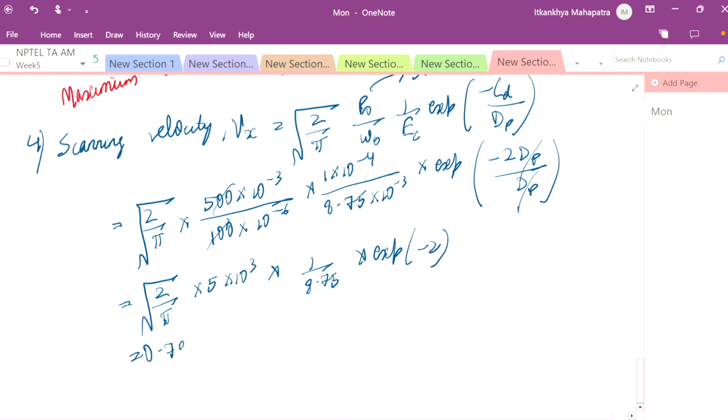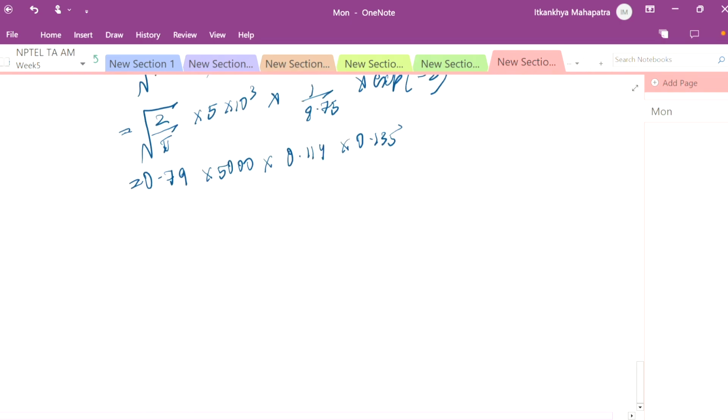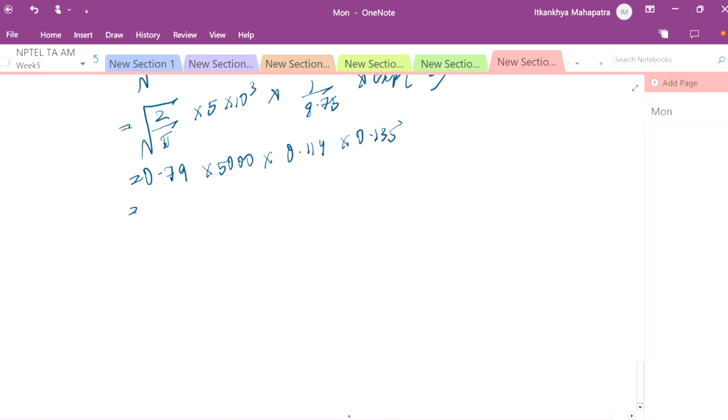This will be 0.75 into 5000 into 0.114 into 0.135. Now this will be approximately 6.094 meter per second.